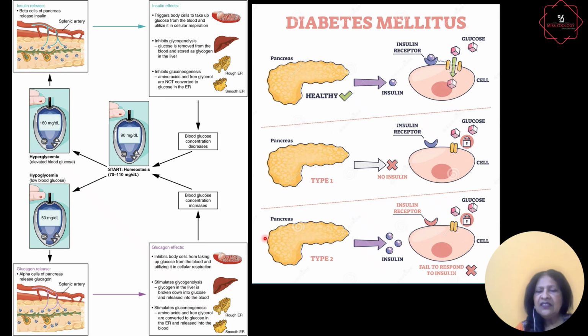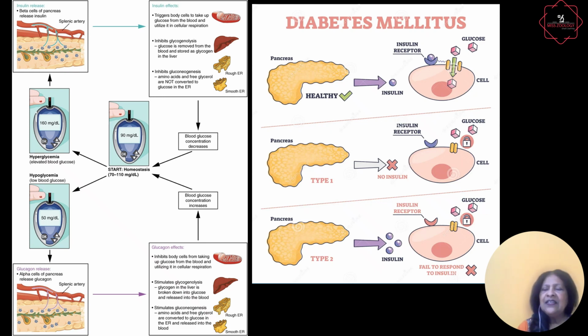There is another, type 2 diabetes, where the insulin may be produced, but the receptors do not respond to it properly. So when they do not respond to the insulin, the utilization of glucose is not possible. That is a case of diabetes type 2.